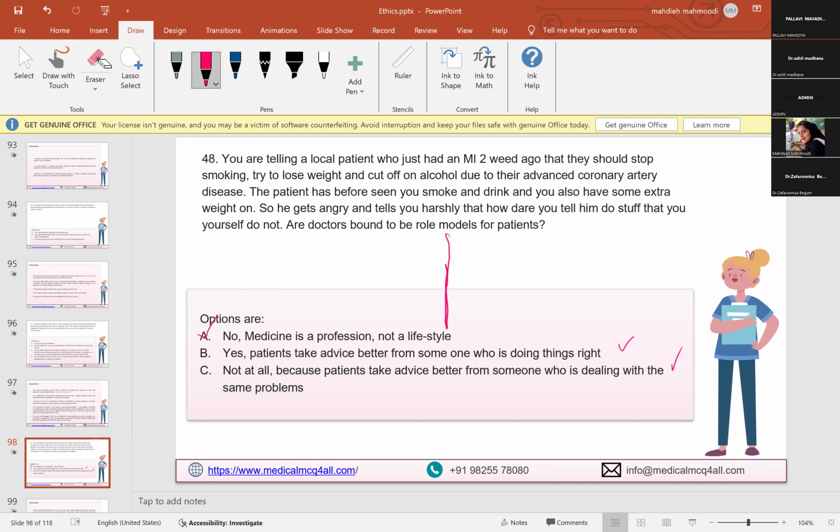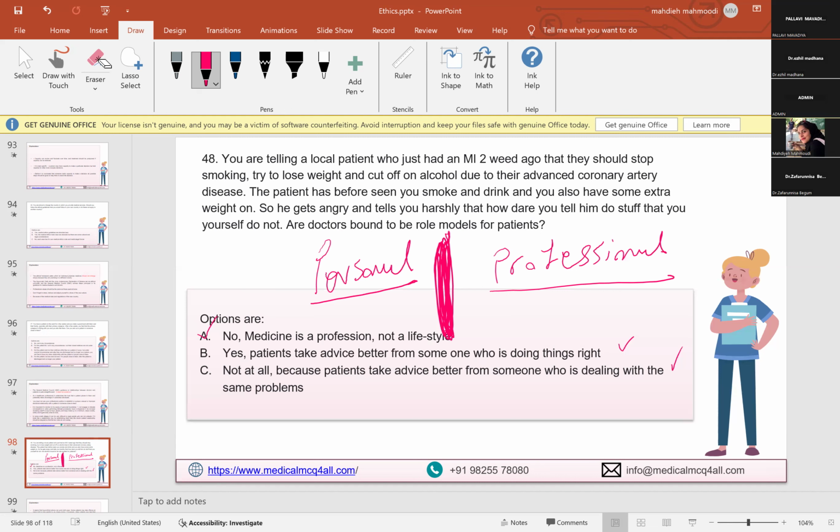You should have a specific and clear border between your personal life and your professional life. And you should keep things separate, okay?